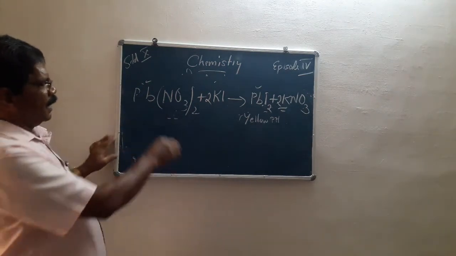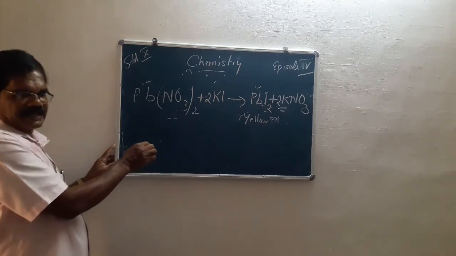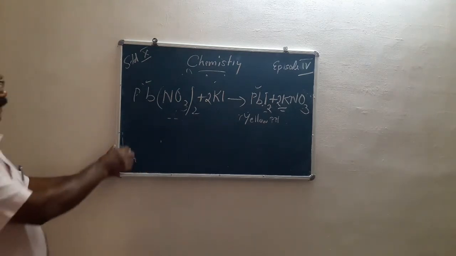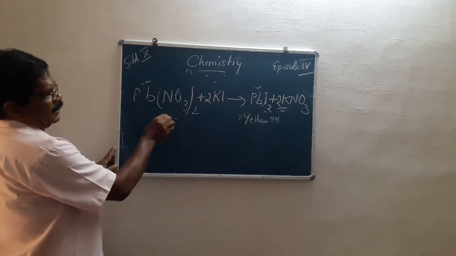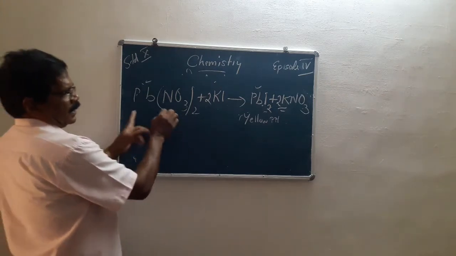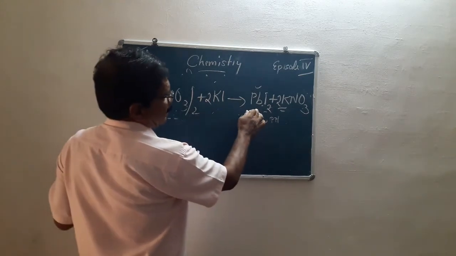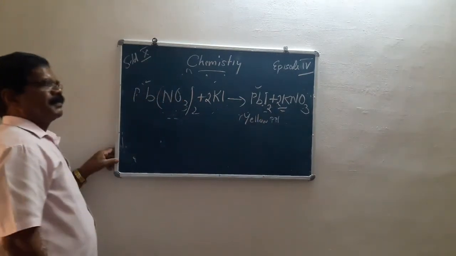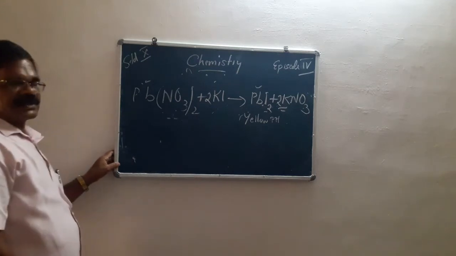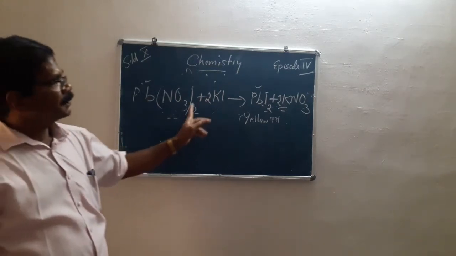We have to note down all the steps as we study this chapter. The reactants are lead nitrate and potassium iodide. Products are lead iodide and potassium nitrate. Then our next question is which type of reaction is this?